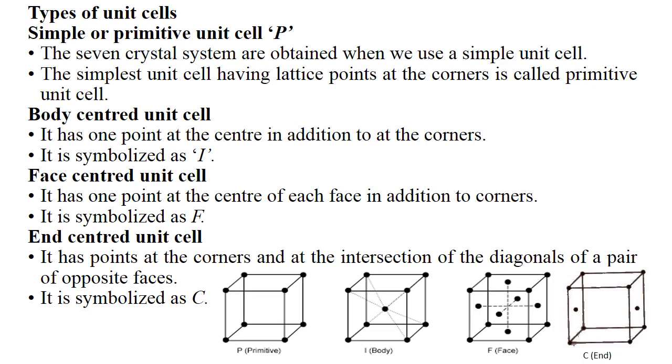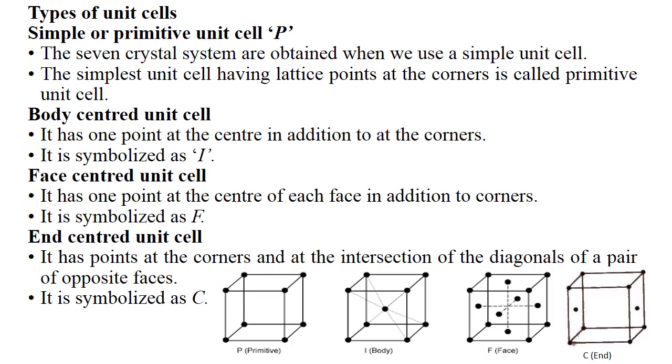These are the cubes which are shown from the left side. It is P, meaning primitive unit cell, and in this cell you can see the lattice points are only present at the corners. The second one from the left side is the body-centered unit cell. You can see the lattice points are present at the corners, and also one point is present in the center of the unit cell.